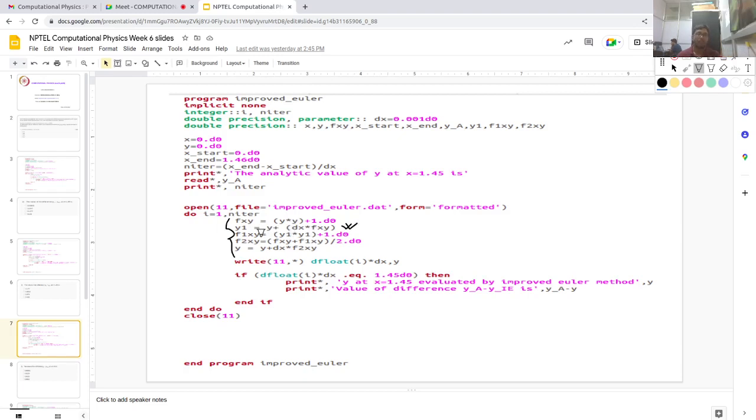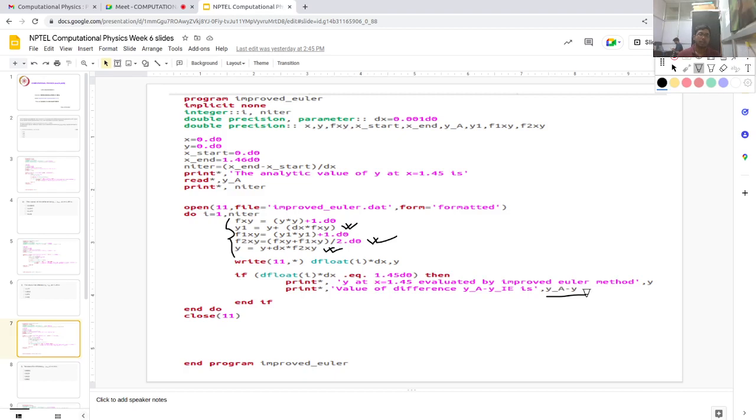Okay, so f1(x,y) is calculated here, and then f2(x,y) is the average of those two slopes, f(x,y) plus f1(x,y) divided by 2. That will give us the slope which we are going to use for advancing the value of y in this line. Okay, so as per the other questions, I am going to use this if statement to find out the value of y. Well, that x value is 1.45, and therefore the value of the difference will be calculated.